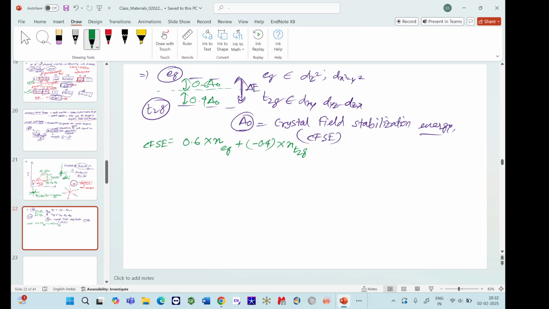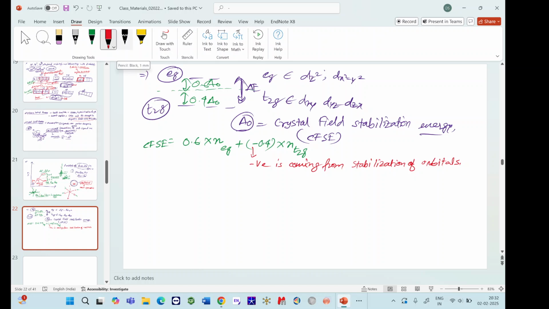So why is there a minus sign? The minus sign is coming from the stabilization of the orbitals.